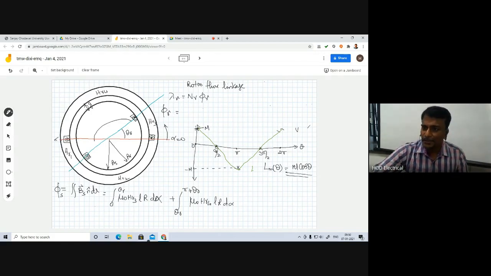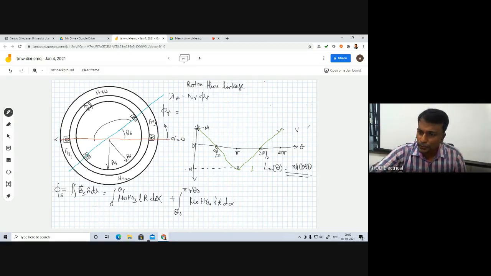It is very interesting. In this equation, the stator reference is starting from here, alpha equal to 0. That is why I have chosen either of these two, leaving the winding or entering into this circuit. So I have chosen these two regions. Since the total magnetic flux density over a closed surface is 0, there is no use in calculating the total magnetic flux density.